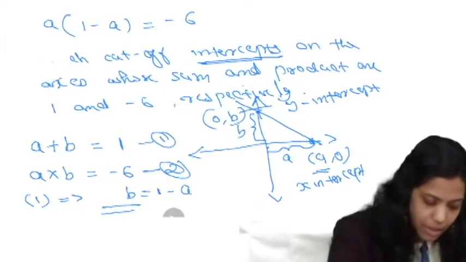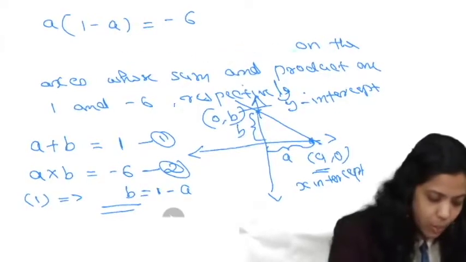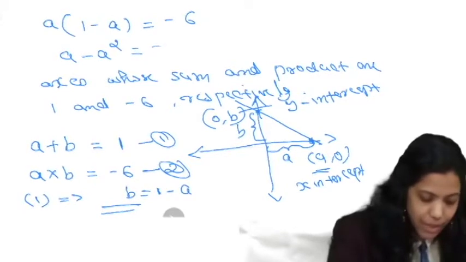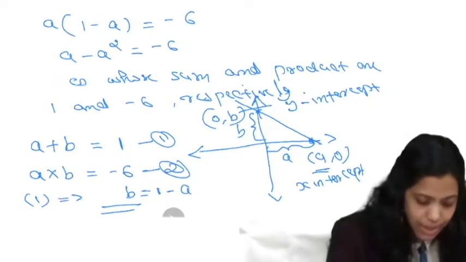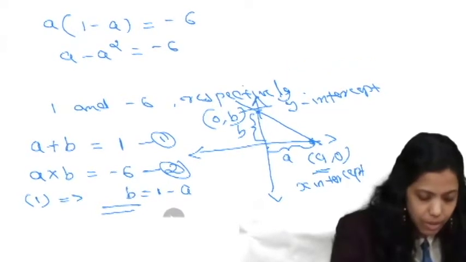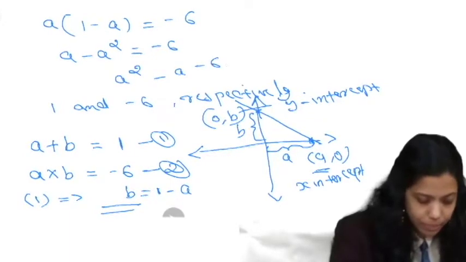Let's expand. So a minus a square gets you minus 6, and we can transpose the whole term to the right hand side. So here we go, a square minus a minus 6 equal to 0.